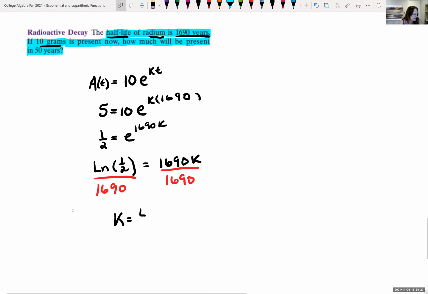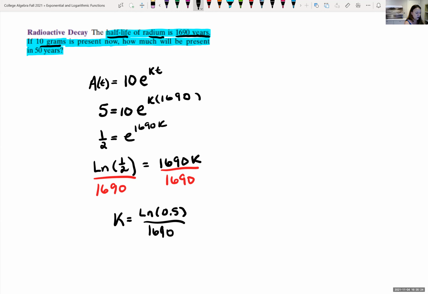Let's leave it like this. Right now my calculator is telling me it's 0, so that means it's rounding pretty far. So I'm going to leave my k value as the natural log of 0.5 all over 1,690.